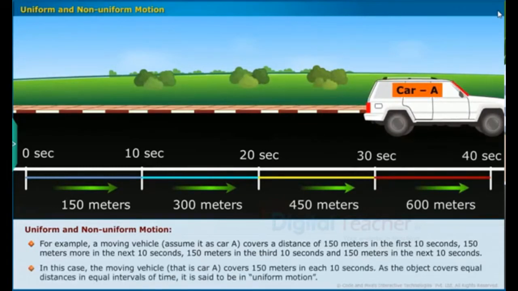In this case, car A covers 150 meters in each 10 seconds. As the object covers equal distances in equal intervals of time, it is said to be in uniform motion.